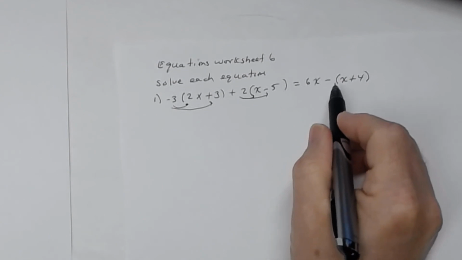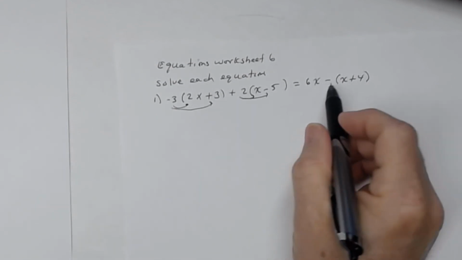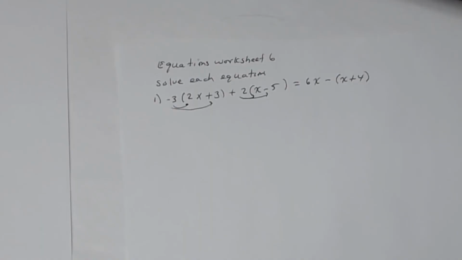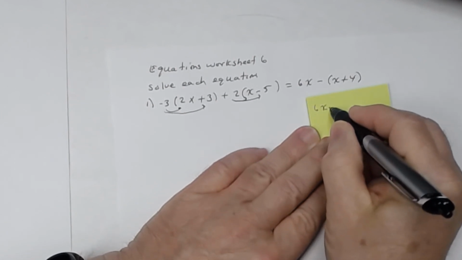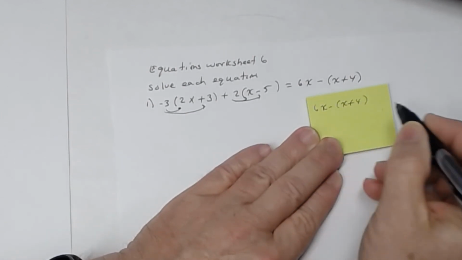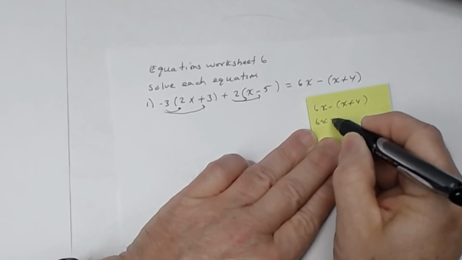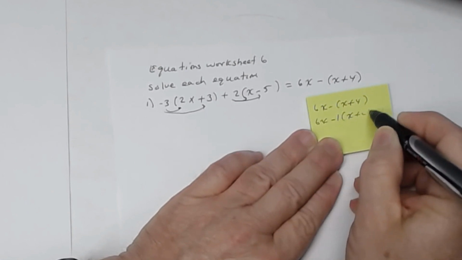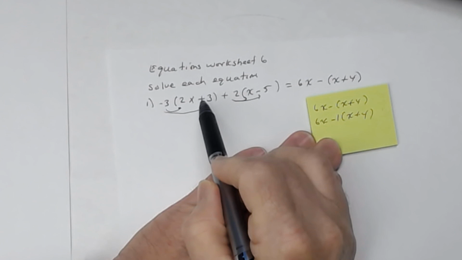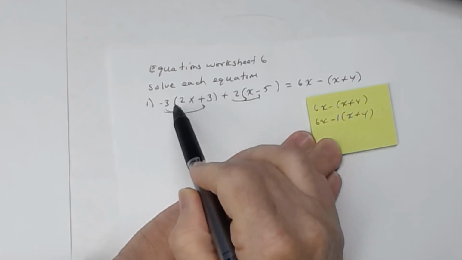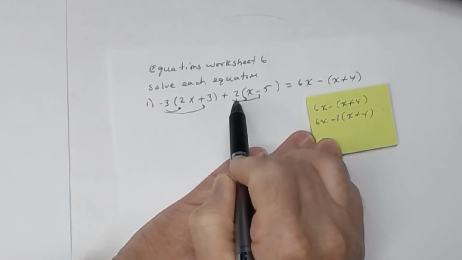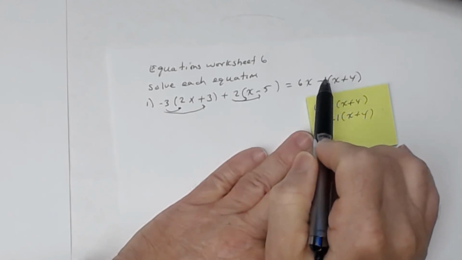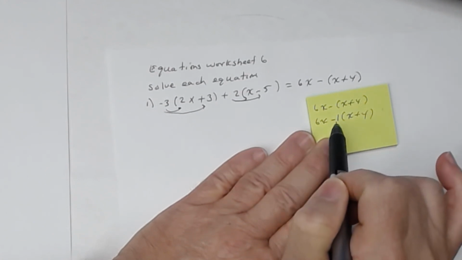Now when you get to this point, you need to be a little bit careful, because technically, let me go ahead and write this on here. You can think about 6x minus x plus 4 in several ways. You can think about it as 6x minus 1 times x plus 4, because notice the coefficient in front of this expression is negative 3, the coefficient in front of this expression is positive 2, and the coefficient in front of the expression x plus 4 is really negative 1.